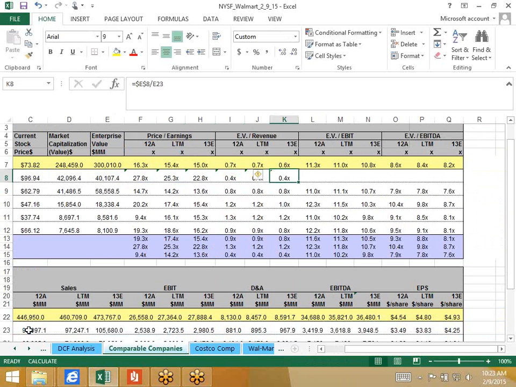Pretty consistent, right? Enterprise value to EBIT, take the enterprise value, anchor that, divided by EBIT, and copy to the right. And enterprise value to EBITDA.